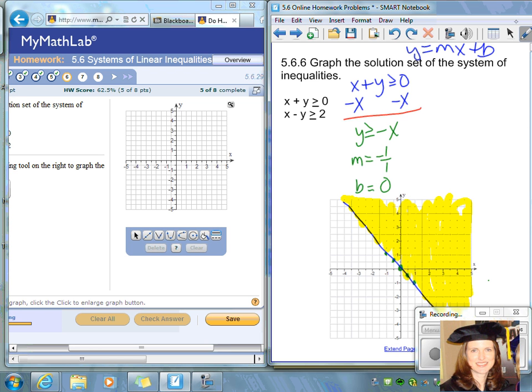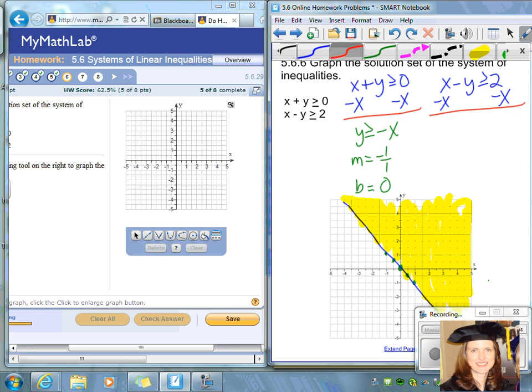Now the second inequality, I want to graph that as well. That was x minus y is greater than or equal to 2. Solve for y. I'm going to subtract x from both sides, and I get negative y is greater than or equal to negative x plus 2.